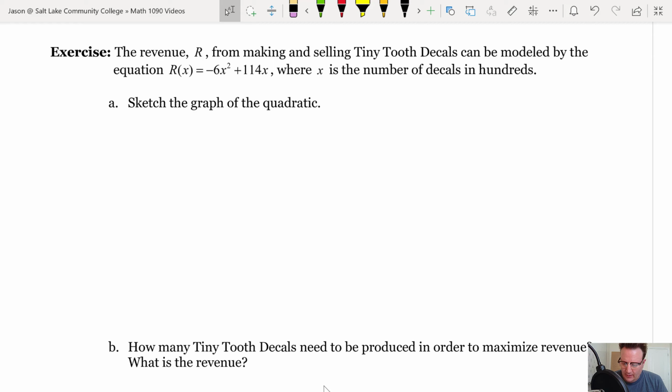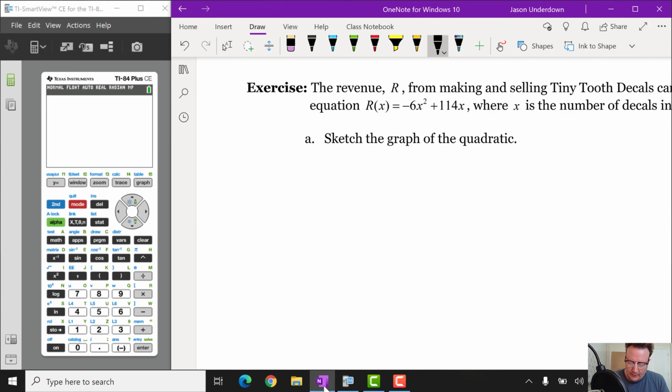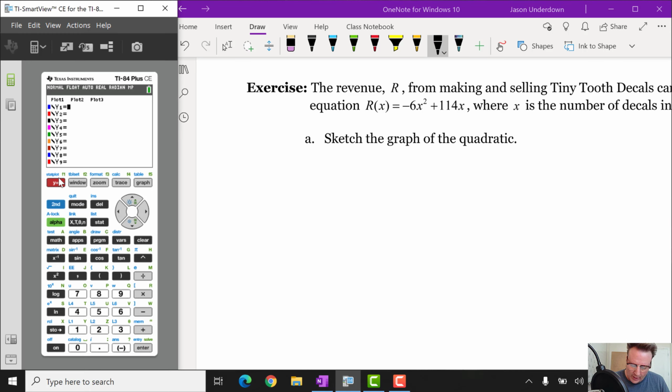I'm going to go ahead and use the calculator for this. Let's see here. So we want negative 6x squared plus 114x. I'm going to go to the y equals button here to put a function in. Negative 6x squared plus 114x.